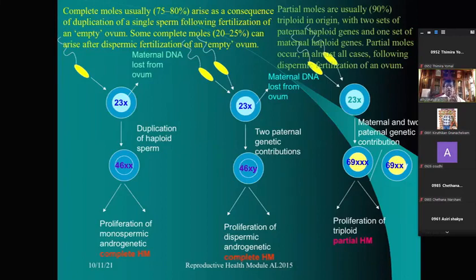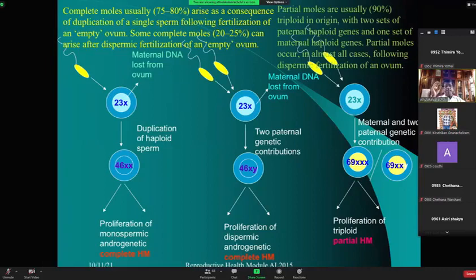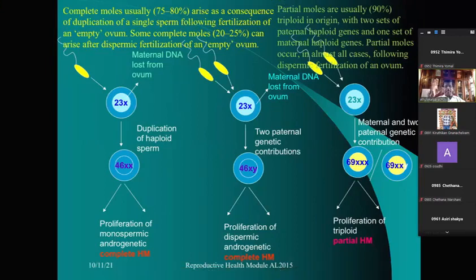The basic problem here is, when you have fertilization of an ovum and a sperm, you have X and Y from the male and the female. The man contributes the sperm and the woman contributes the ovum, and this genetic material gets mixed, and you have both male and female genetic material.